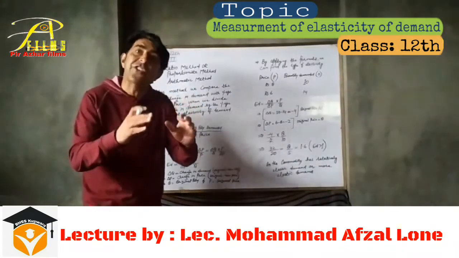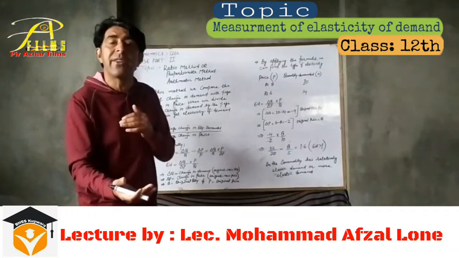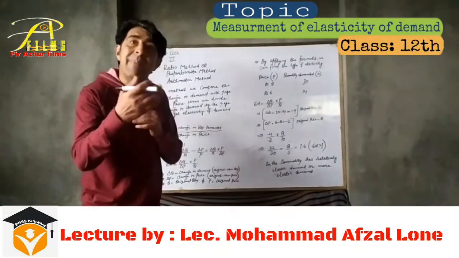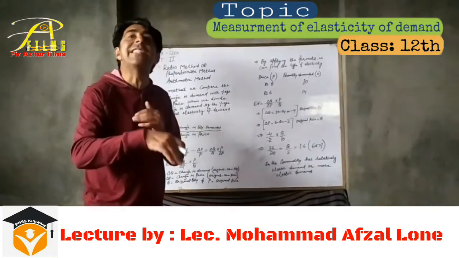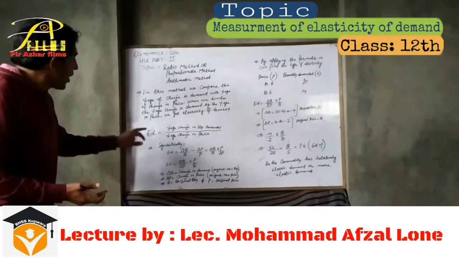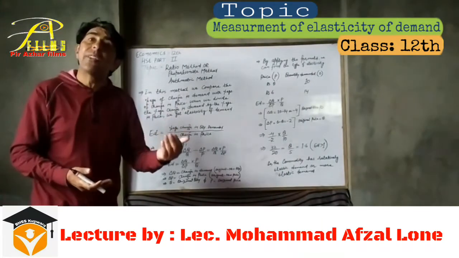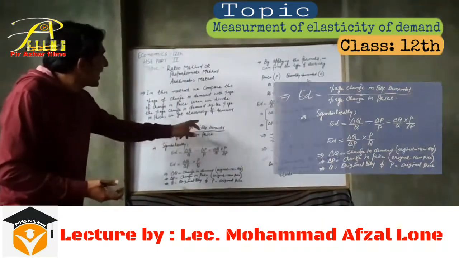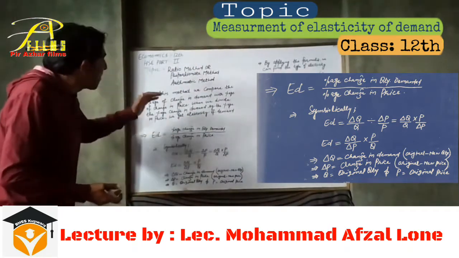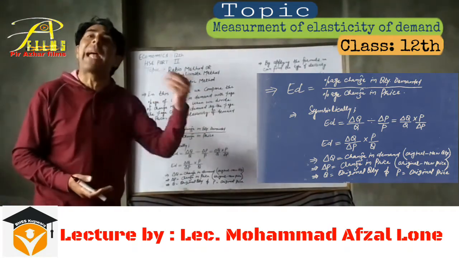We divide the percentage change in quantity demanded by the percentage change in price. Just see here, elasticity of demand is equal to percentage change in quantity demanded of a commodity divided by percentage change in its price.